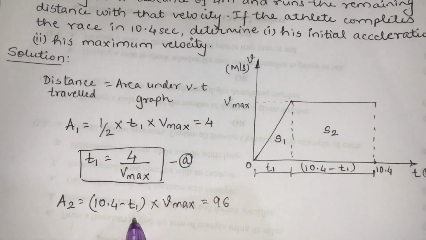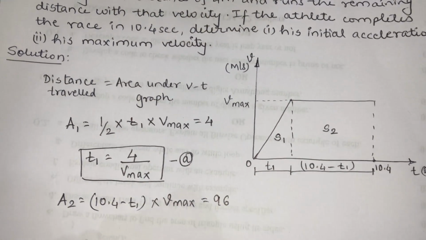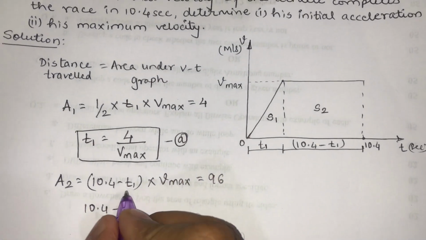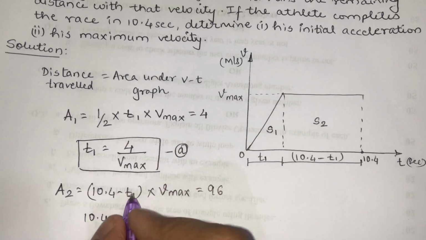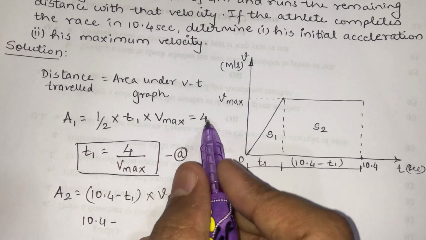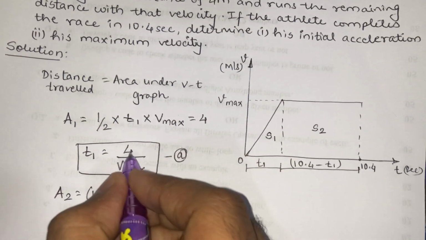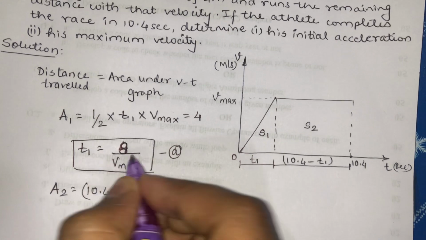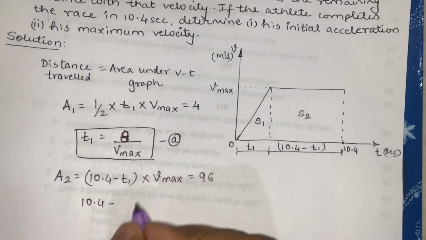If I reframe this equation in these terms, it will be 10.4 minus... for a second, I'll make a change, because it is 4 into 2, that actually becomes 8. So t1 is 8 upon V max.